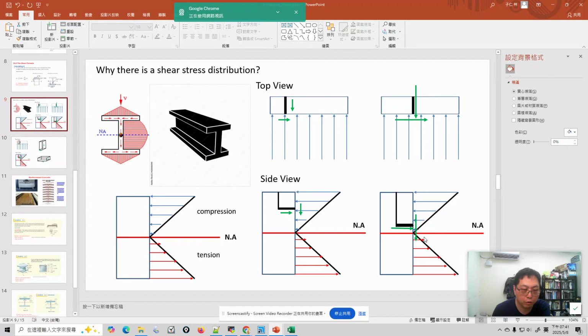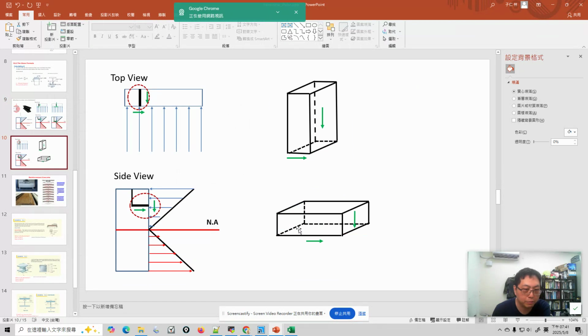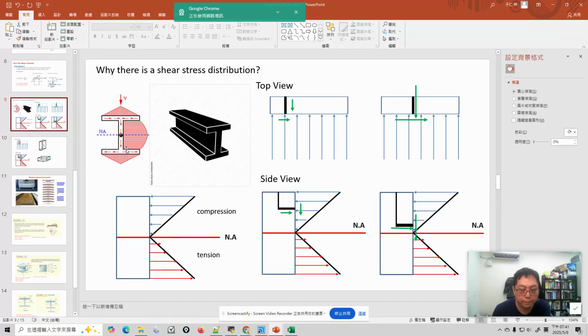You have larger shear force here, so you have larger shear stress here, and also larger shear stress at this side. That's why I made this supporting video, to make this element more clear.